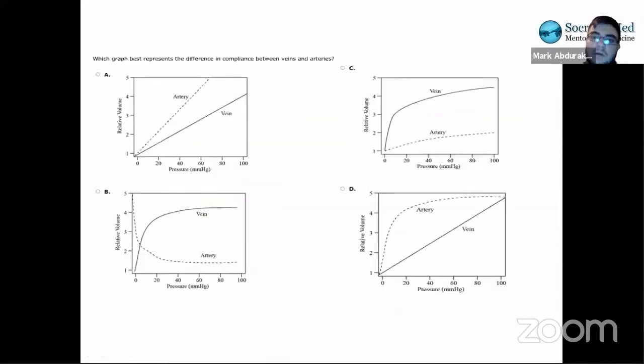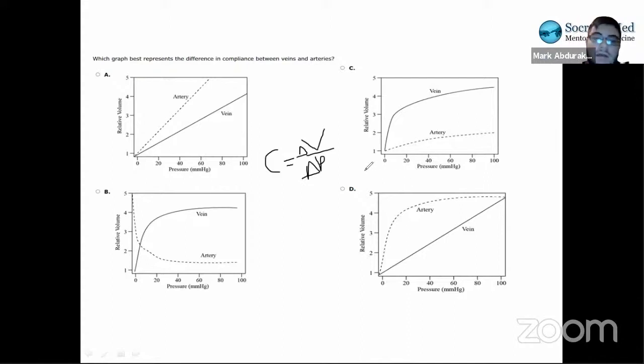Keep that in mind. Now, like I mentioned, what is compliance? Compliance is delta V over delta P. In this graph, what is delta V? The y-axis is V, the x-axis is P. So compliance is just the slope of each line.